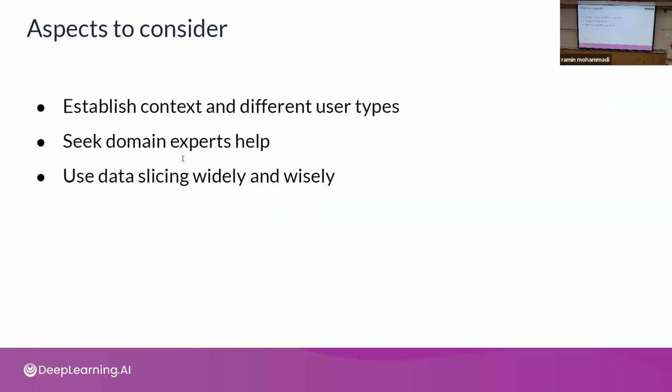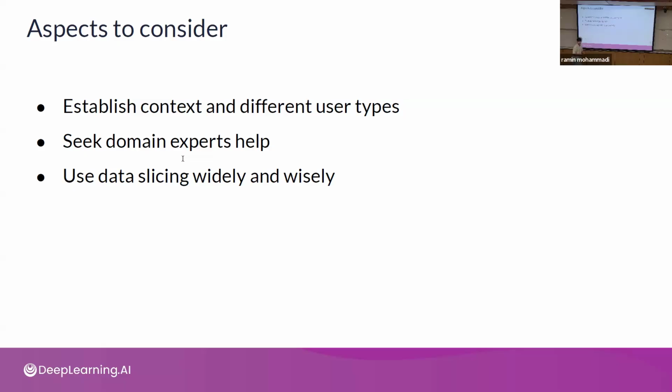Now some aspects to consider when you check for fairness. Always establish some context for different users and different scenarios. Ask someone that has knowledge about what to look for. Especially imagine you go on a large data set, and you don't know where to put the slice. Like, which column should I use for slicing, right?